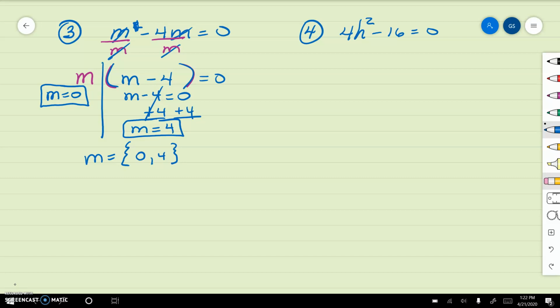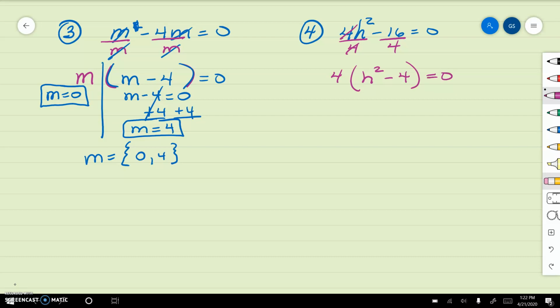In fact, you should always check for a GCF first, meaning can you divide out something? Well, let's see. 4 goes into 4 and 4 goes into negative 16. So I guess we could divide by 4. If we divide by 4, we're actually just factoring out the 4, and what's left over is h squared minus 4 equals 0.